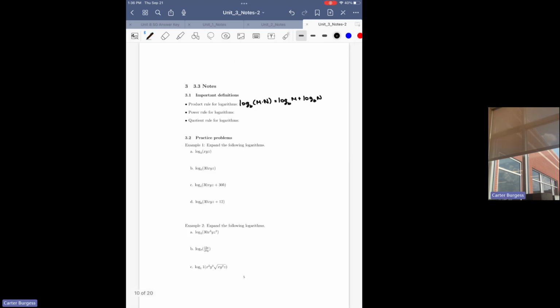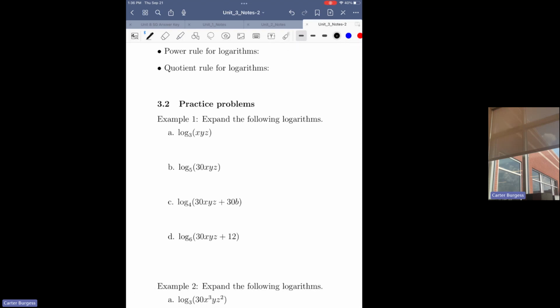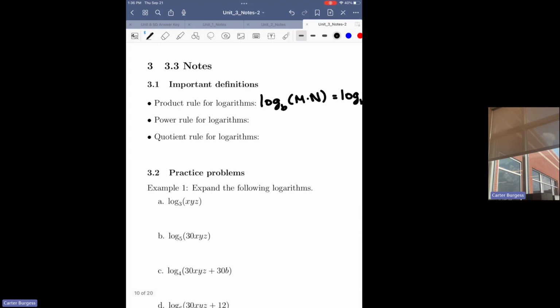So let's take a look here at our example 1. We're going to do this pretty by the book for the first one. We're going to be very, very precise here with how we use the product rule. In particular, notice that the product rule says if we write the inside as a product of two numbers, that we can split each one apart into m and then n.